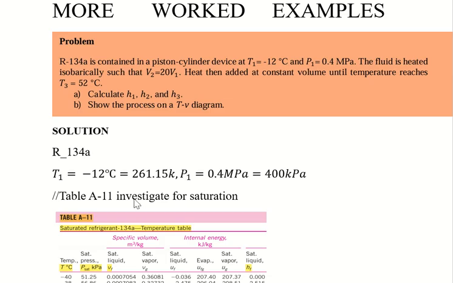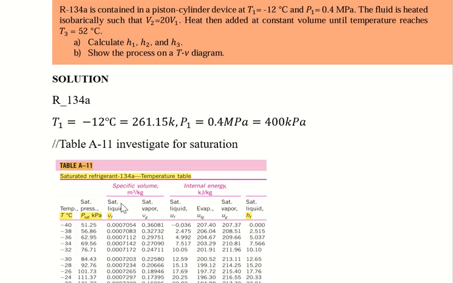So here we want to use the saturated refrigerant 134A temperature table, that's table A11. We're going to investigate whether at a temperature of negative 12 degrees Celsius, the saturation pressure is 400 kilopascals.